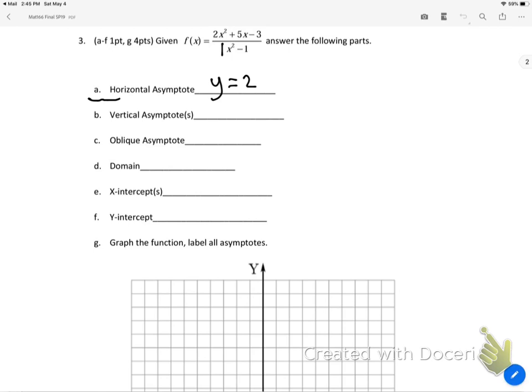I'm going to look at the vertical asymptotes. Okay, that comes from the denominator. Again, x squared minus 1. Remember, with domains can't be 0, so these are the vertical asymptotes. So x is going to be equal to plus and minus 1. Okay, so the vertical asymptotes is x equals negative 1 and x equals positive 1.